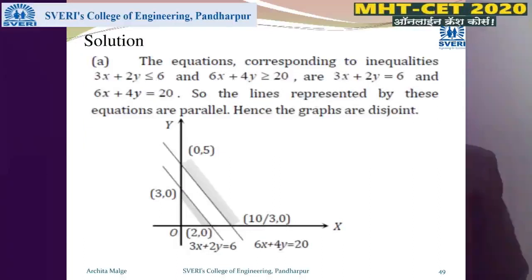Similarly, if we keep x as 0 in the second equation, 6x plus 4y is equal to 20, if x is 0, y will be 5. And if y is 0, x will be 20 by 6, that is 10 by 3. So the given two equations are going to be parallel lines. Hence we can say that this graph is disjoint.